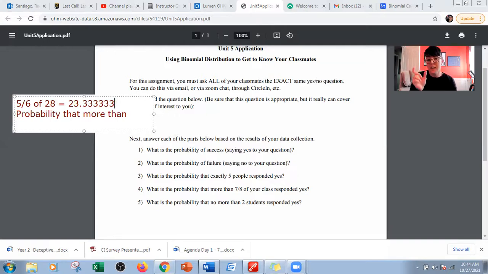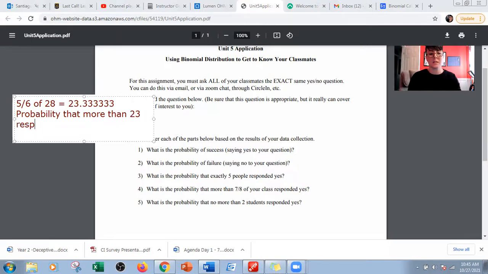So where it says 7/8 of your class, we're going to replace that by saying probability that more than, what would you write? 23? We'd probably write 23, right? So you got that number by multiplying the 5 out of 6 times 28? Yes. So we replace that phrase 7/8 of your class or 5/6 of 28 with probability that more than 23 responded yes.